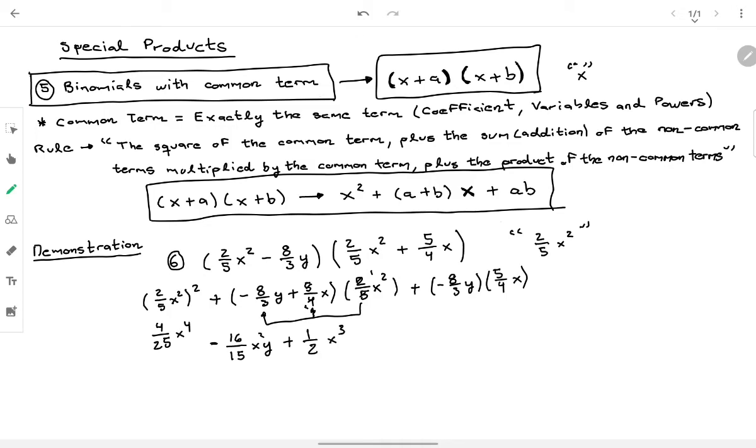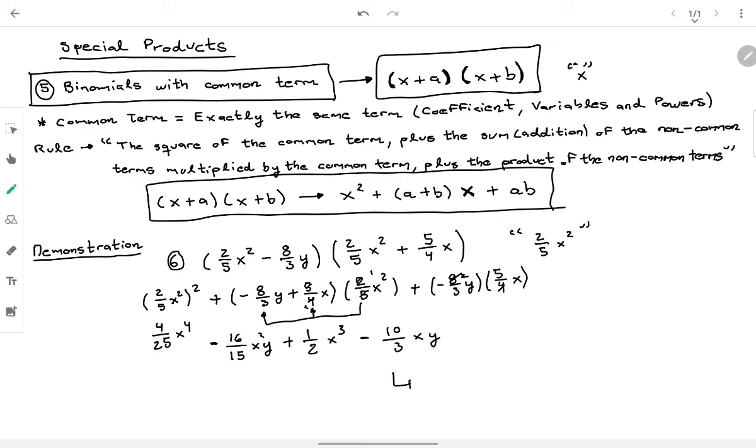Here I forgot the x squared. So it's going to be then minus, it's going to be 8 and 4. We can simplify it having number 2 here. So it's going to be 10/3 of x y. So in this case, the answer is not ordered.